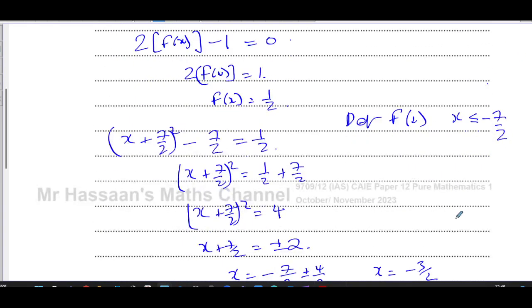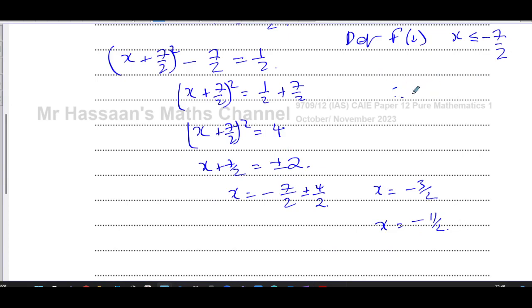And so therefore x equal to negative 3 over 2 is not within that domain. This is like minus 1.5. That's minus 3.5. Our domain starts from minus 7 over 2 and goes that way. Negative 3 over 2 is over here. It's not in our domain.